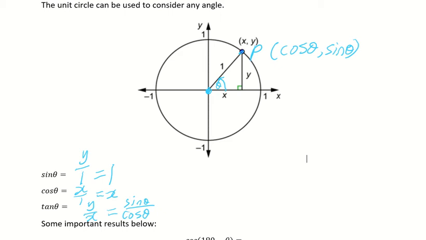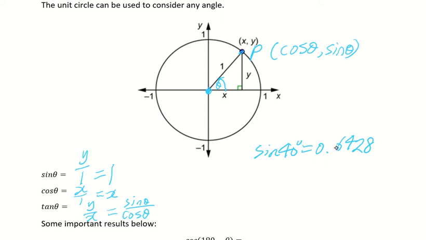Now let's have a look at some of the important results we want to get out of this lesson. If we say sine 40, let's type this into the calculator. So sine 40 is equal to 0.6428, if I want 4 decimal places.